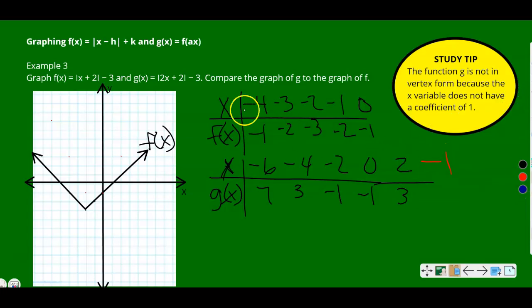If I add one more point, negative 1 times 2 is negative 2. Negative 2 plus 2 is 0. Absolute value of that is 0. 0 minus 3 is negative 3. So we should also have a point at negative 1, negative 3.